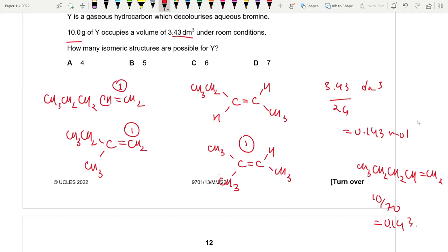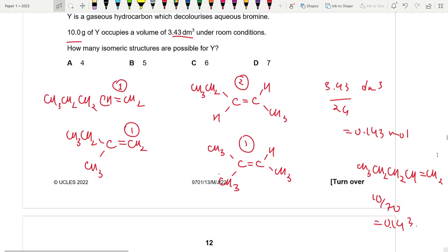This is pentene, right? So the one on the left, top left, is pent-1-ene. Then the next one is 2-methylbutene, alright?